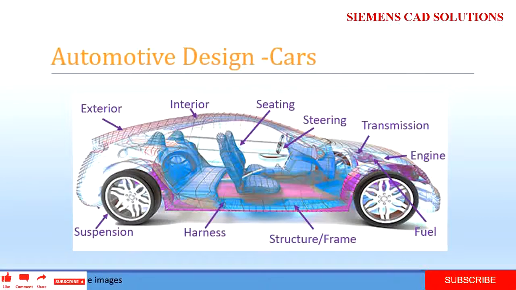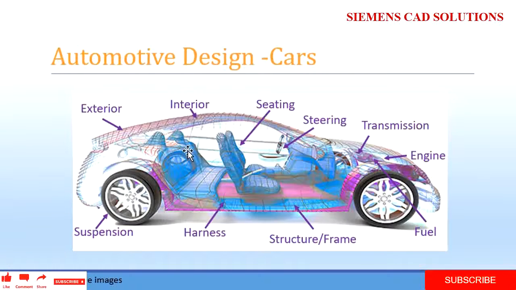Next, these are the major systems involved in automotive design: exterior, interior, seating, steering system, transmission system, engine system, fuel system, structure or frame system, harness, and suspension. Exterior is nothing but BIW and plastic parts: bumpers, front bumper, rear bumper, and then door sheet, headliner, roof sheets.